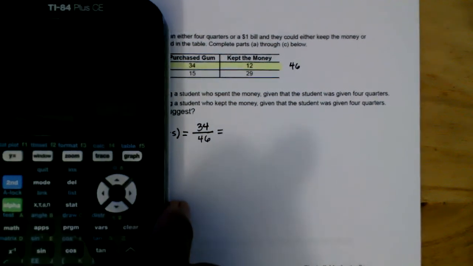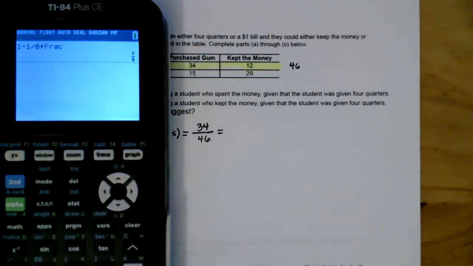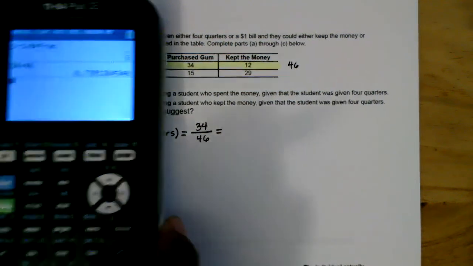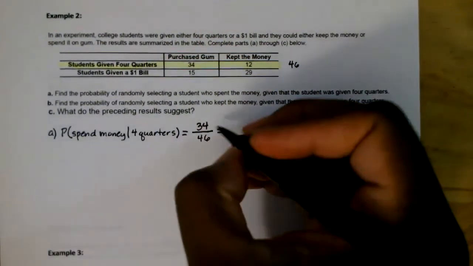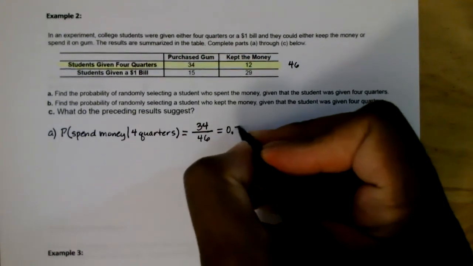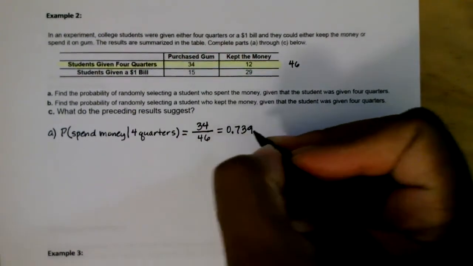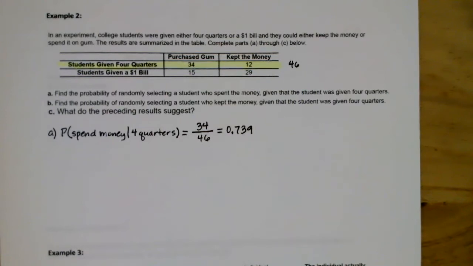As a decimal rounded to 3 decimal places, this is approximately 0.739. So make sure that if they ask for a decimal value, you give it to however many decimal places they ask for in the homework.